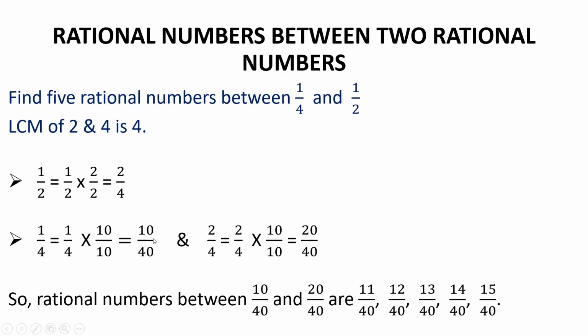So you have many numbers between 10 and 20 that you can write as rational numbers between 1 upon 4 and 1 upon 2, because 1 upon 4 we have written as 10 upon 40 and 1 upon 2 as 20 upon 40. So rational numbers between 10 upon 40 and 20 upon 40 are 11 upon 40, 12 upon 40, 13 upon 40, 14 upon 40 and 15 upon 40.